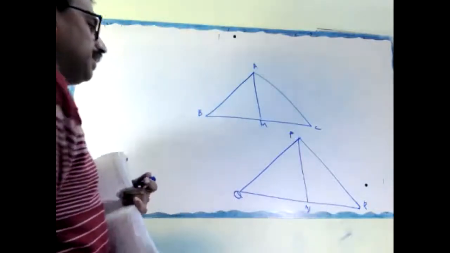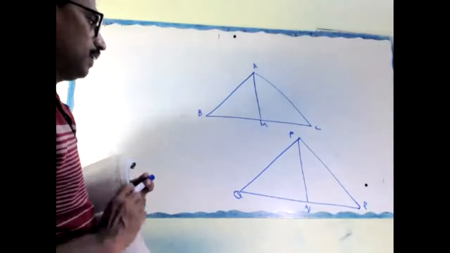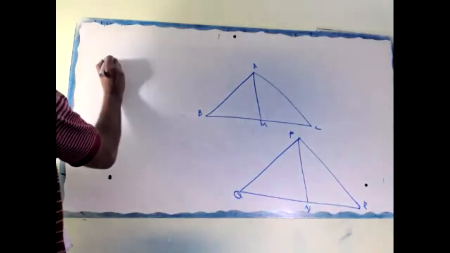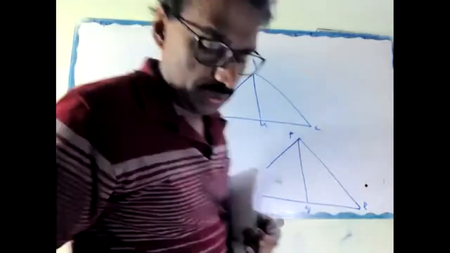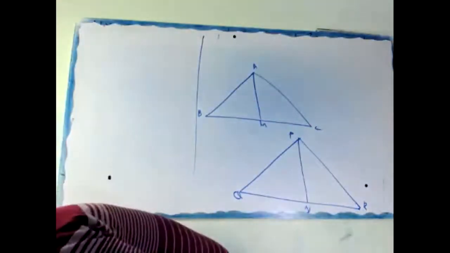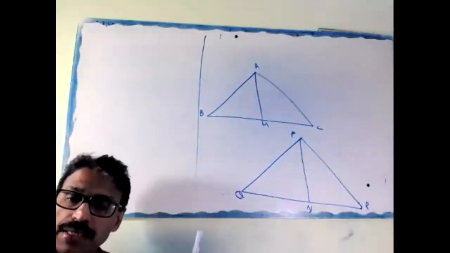Okay, what is given here? Look, given what? AB equal to PQ. You wrote that all? Hello, you wrote that? What is given?